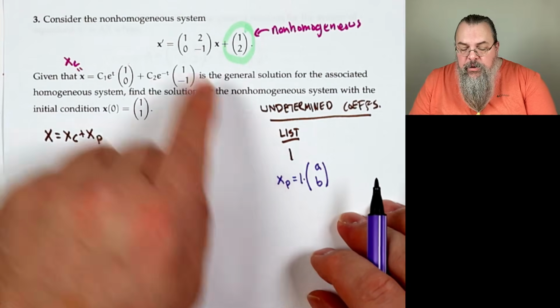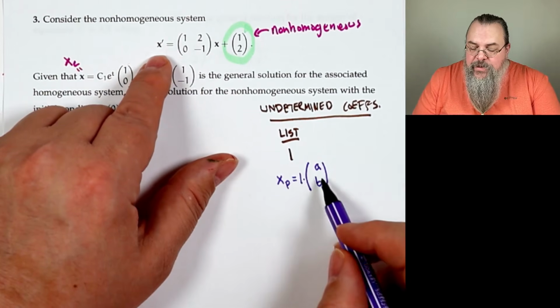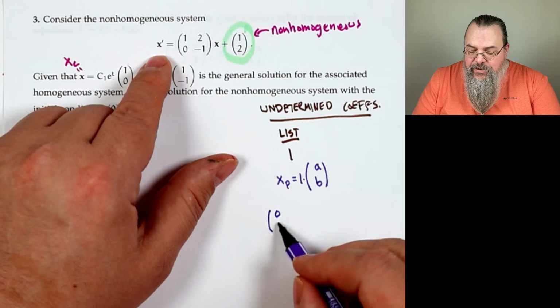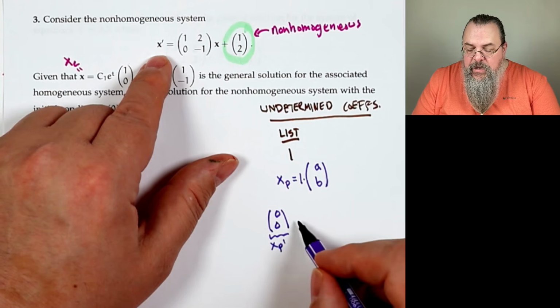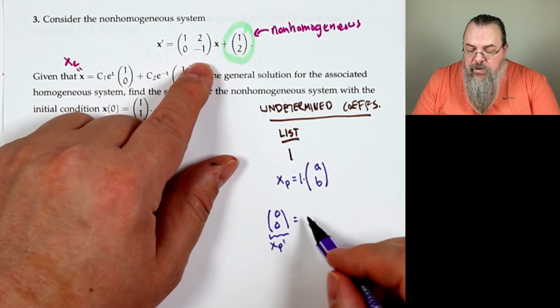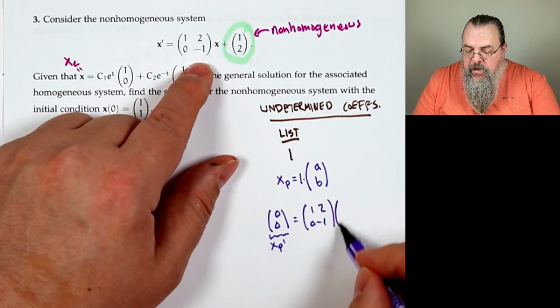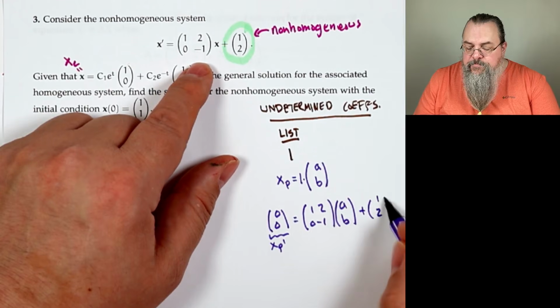And we're going to run it through this differential equation. So xp prime, what's the derivative of constants? The answer is 0. So here's our xp prime. That has to be equal to [1, 2; 0, -1] [a; b] plus [1; 2].